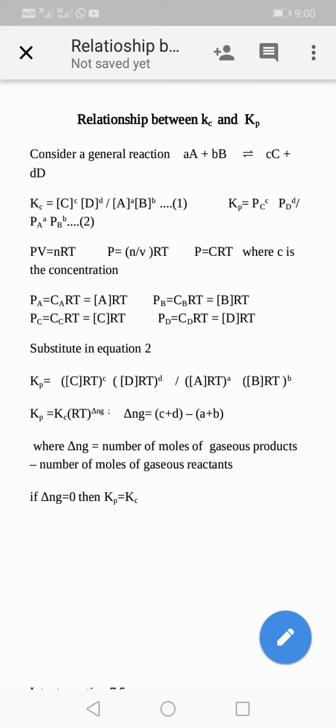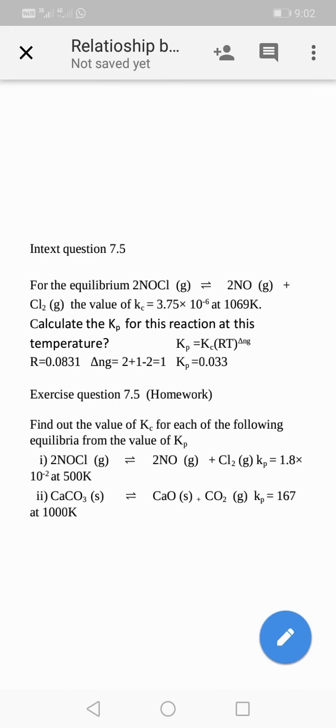Here also, if delta Ng is equal to 0, there will not be any unit for the equilibrium constant. So the unit of the equilibrium constant Kp or Kc both depends upon the value of delta Ng.